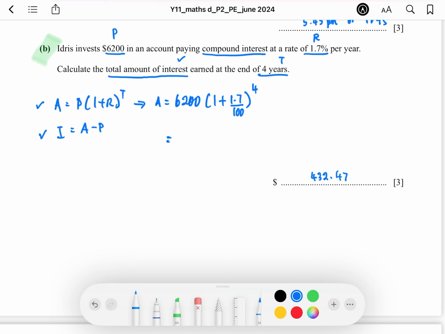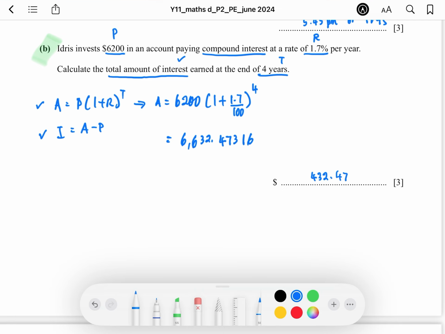You can straight away use your calculator on this one. Put everything in, and you should get 6,632.47316.